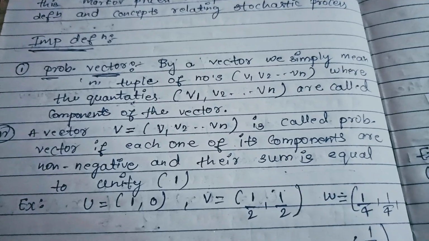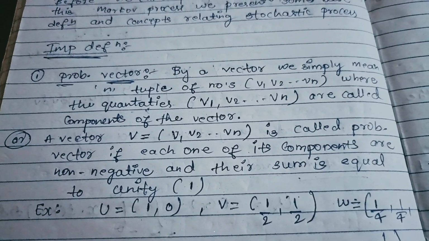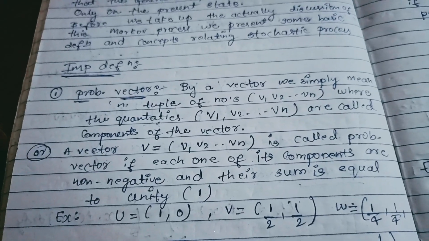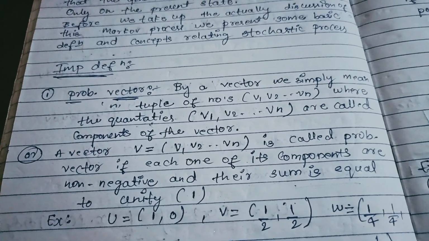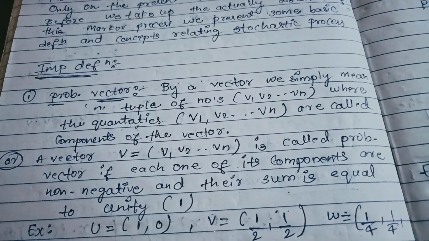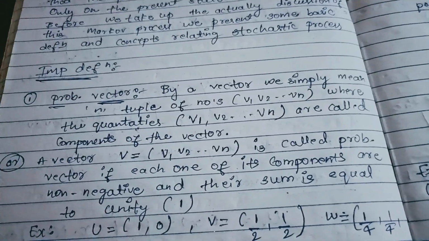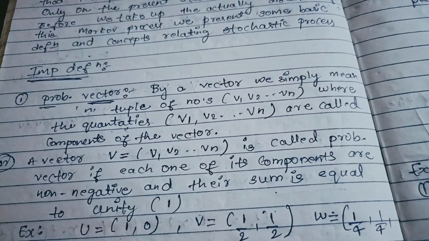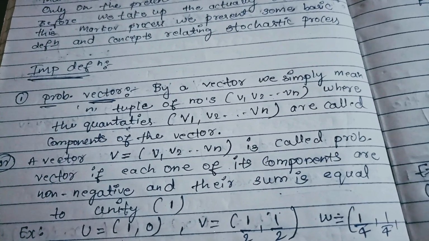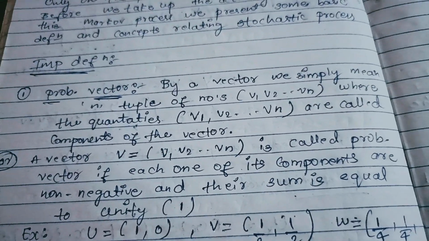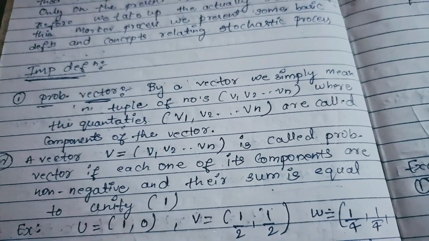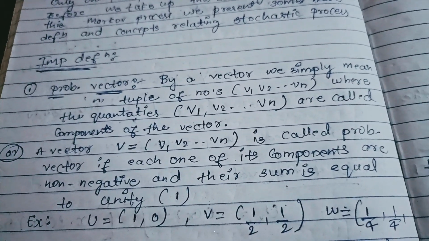By a vector we simply mean an n-tuple of numbers v1, v2, up to vn. The quantities capital V1, capital V2, up to capital Vn are called the components of the vector.